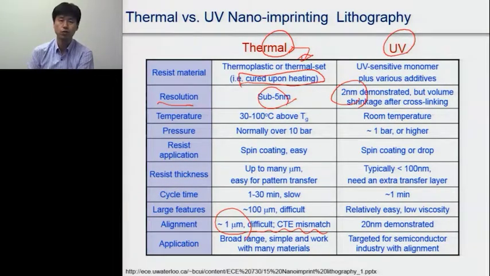If we wanted to use it for multiple-layer pattern definition, it is very hard to align the previously existing patterns to the patterns on the master mold. But UV nano-imprinting does not have that problem, and it also provides very precise alignment. We will go through all these details as we talk about the technology.